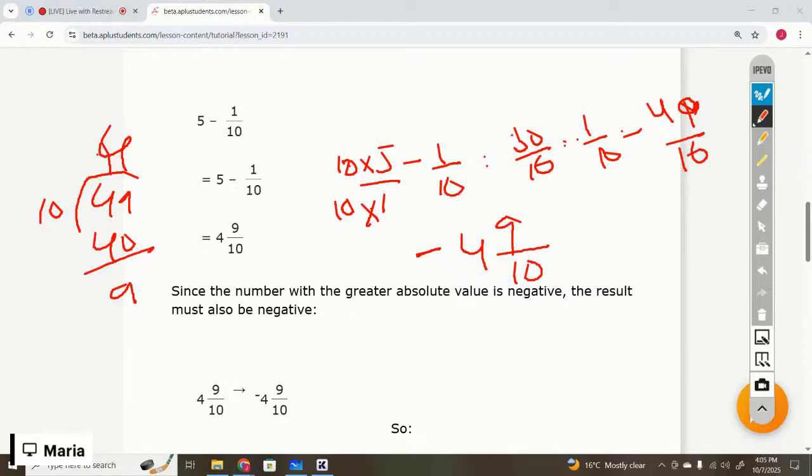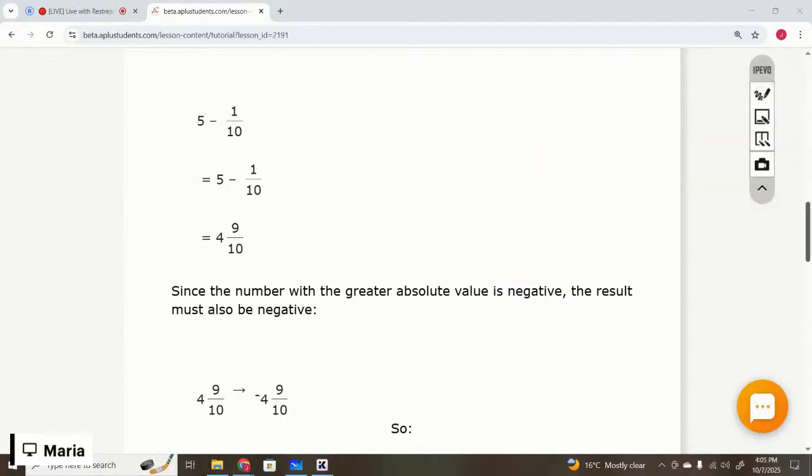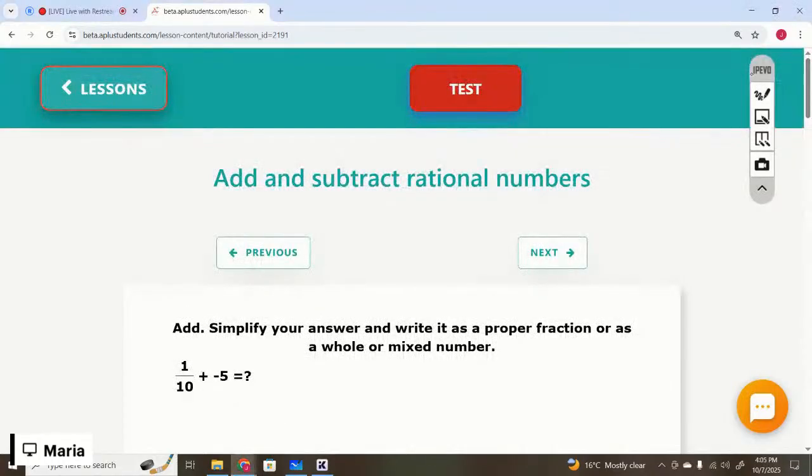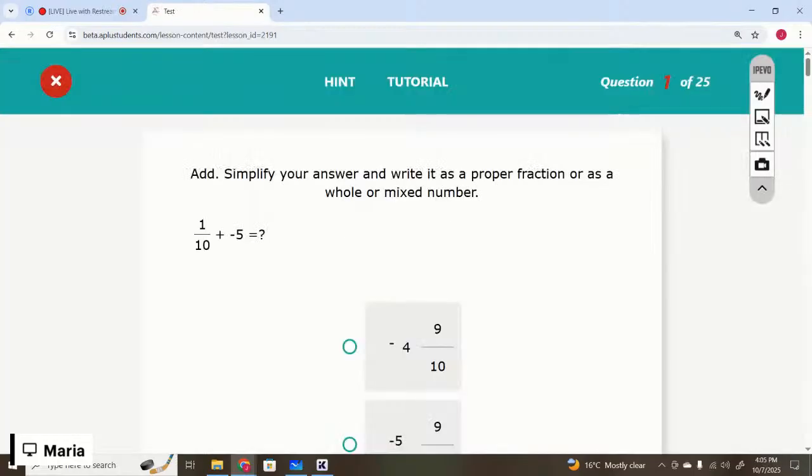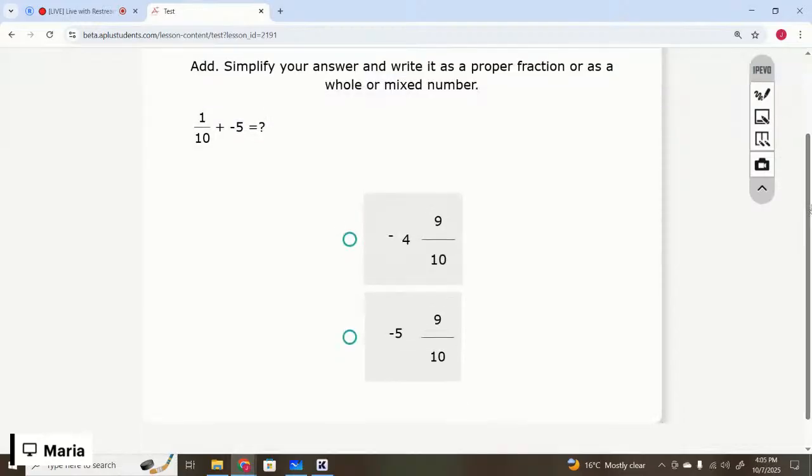Let's just start with the test questions. We need to apply the same rules that are for the integers. So you need to recall the rational numbers also. 1 by 10 plus negative 5.